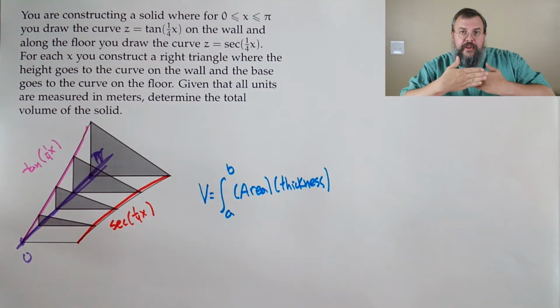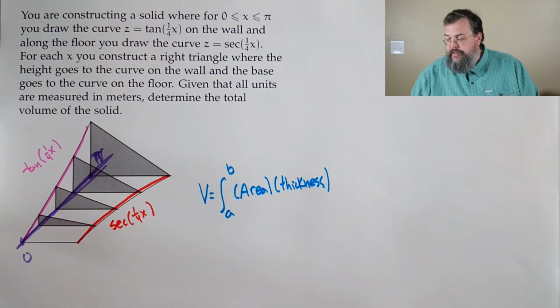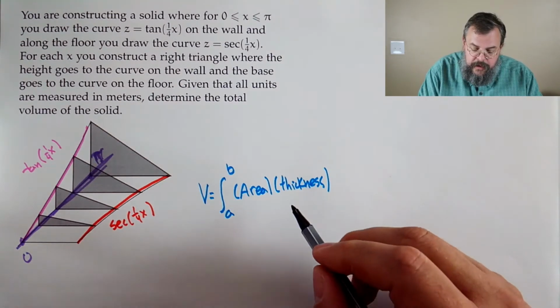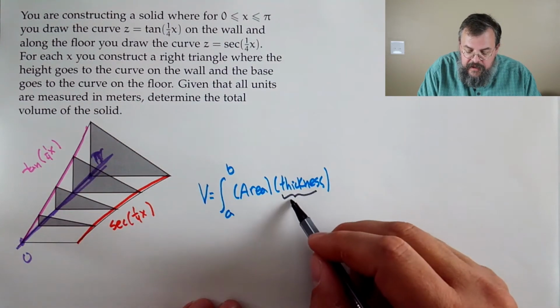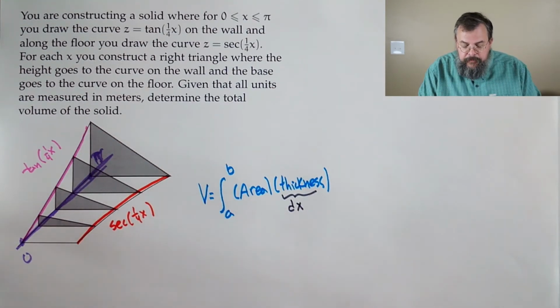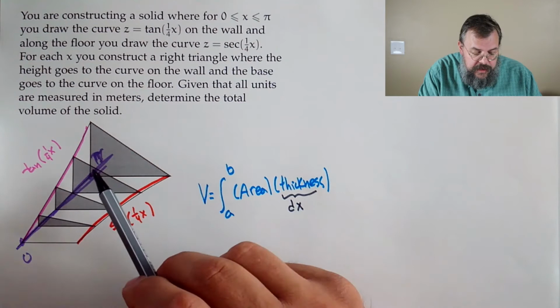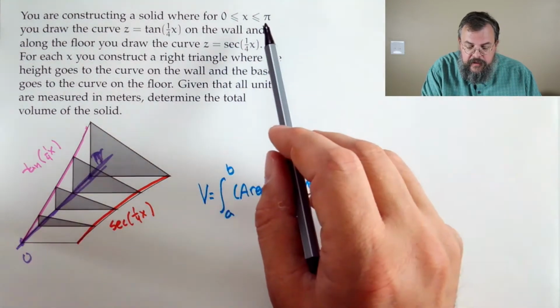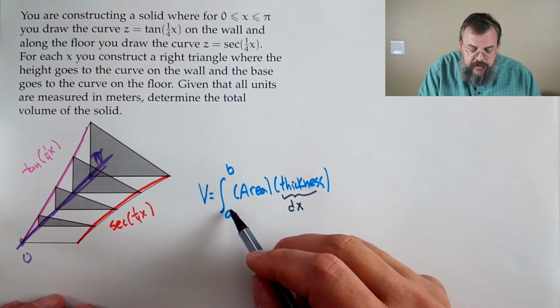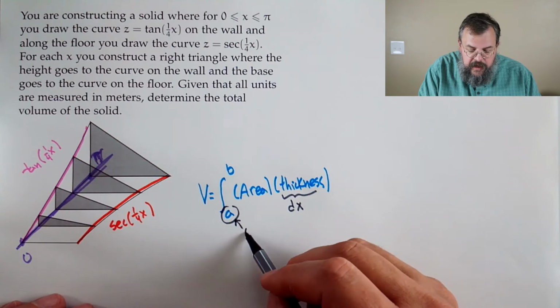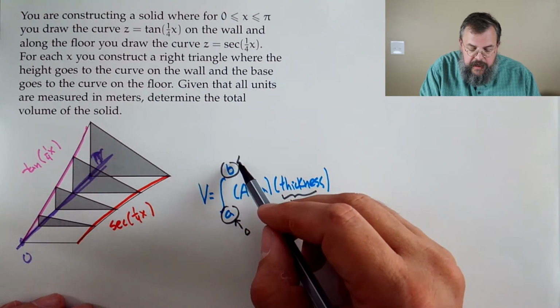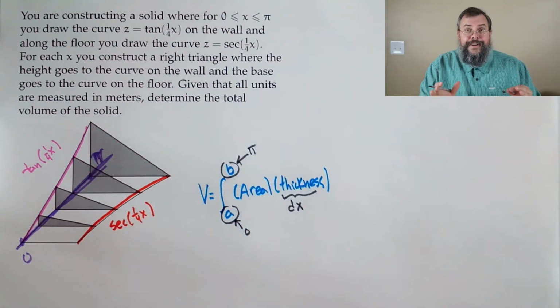So our thickness is going to be in terms of x, so that's dx. Where do we start? We start and stop where x starts and stops, and it tells us x goes from 0, so that's the start, up to pi. And there's the end. Good.